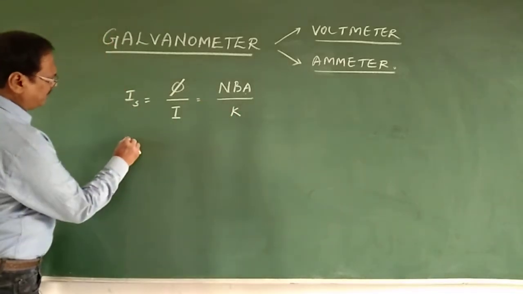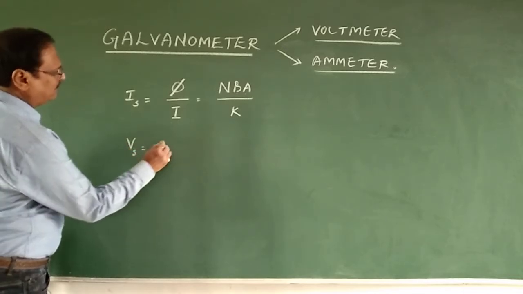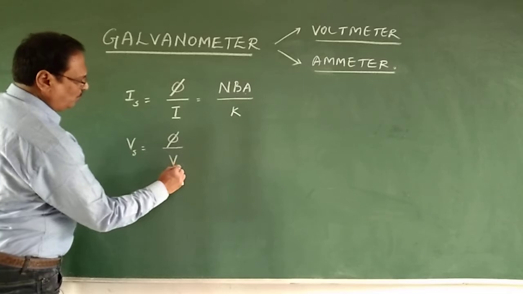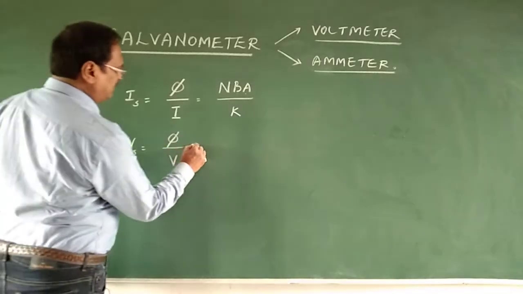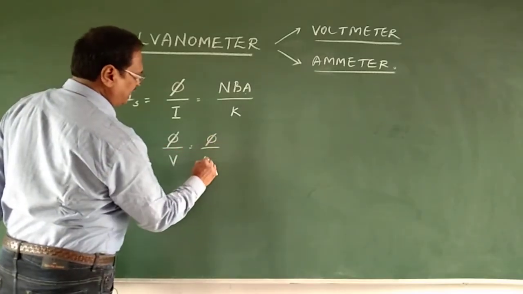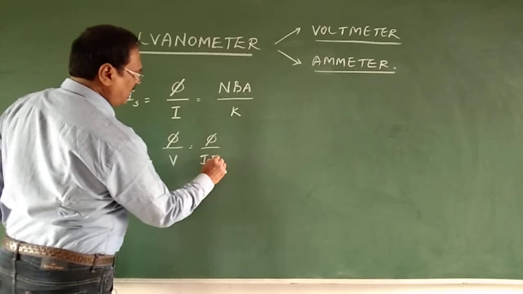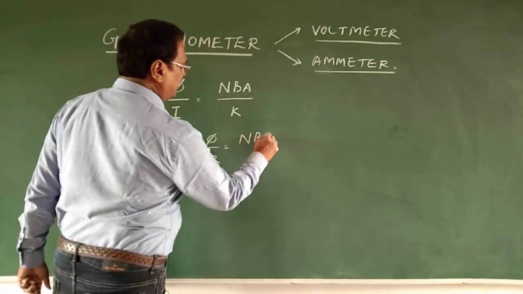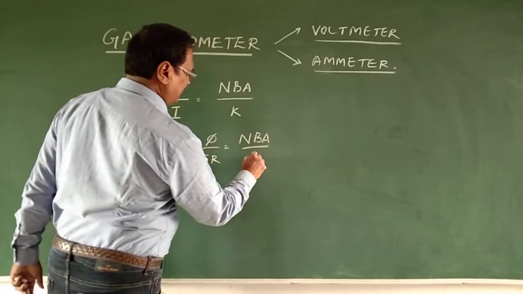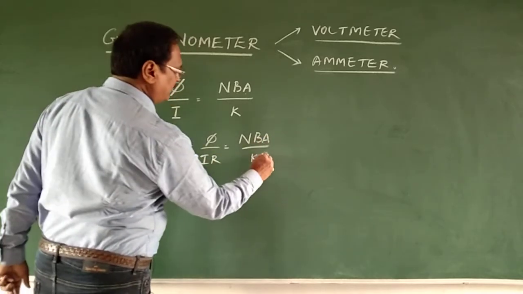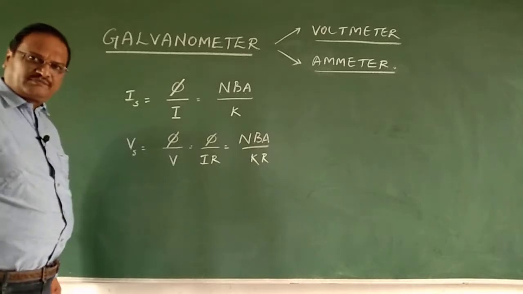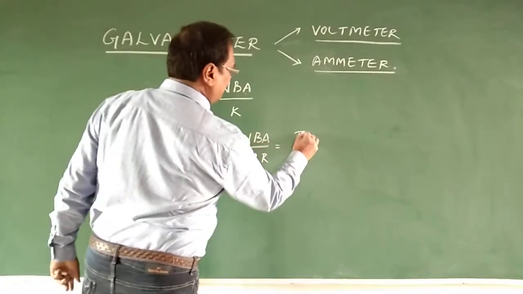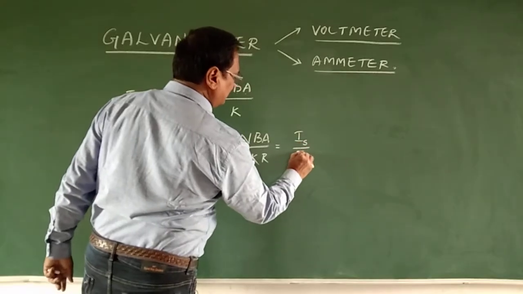And also we studied about voltage sensitivity, that is the deflection produced per unit volt, that is nothing but phi divided by V, that is I into R according to Ohm's law, that is equal to NBA upon K multiplied by R. Or we can say voltage sensitivity is equal to current sensitivity divided by the resistance.